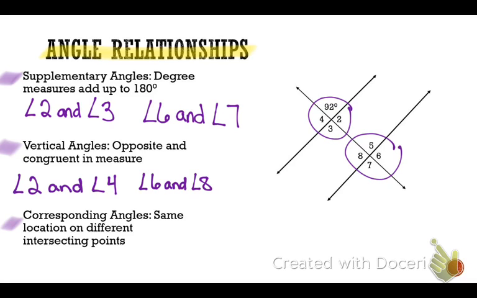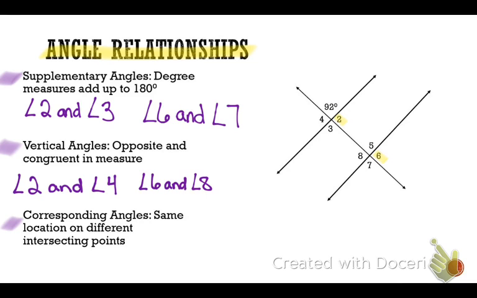Okay? So let's talk angle 2 for a minute. Down here on the other intersecting point, which angle, 5, 6, 7, or 8, is in the exact same position? It would be angle 6. Do you see that they're both kind of on the right side of that point? Okay, for 2 and 6.